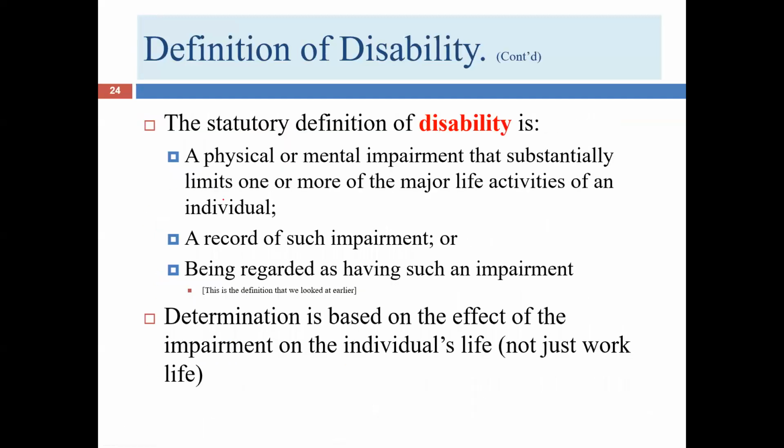Okay, so this is that same definition we saw before with the three prongs, 1, 2, and 3. If you don't yet have this definition in your Quizlet, please add it. And again, it applies to the person's whole life, not just to his or her work life. So the impairment, such as infertility, could still be a disability.